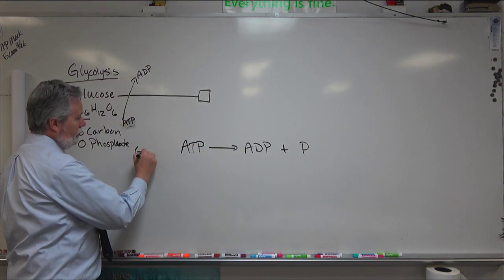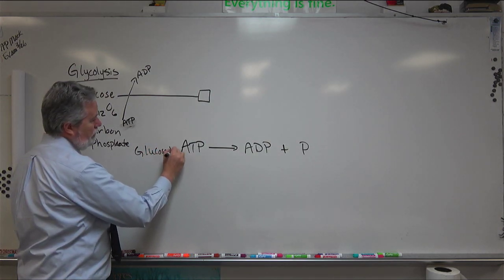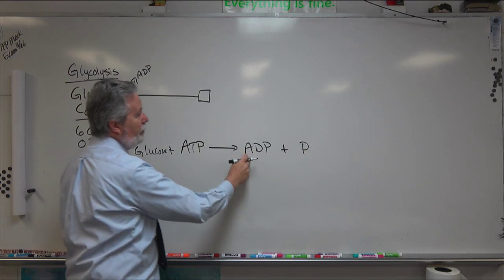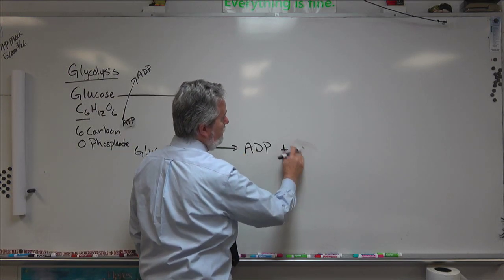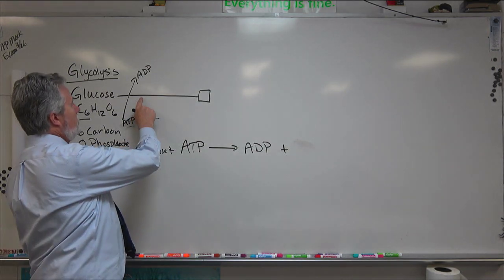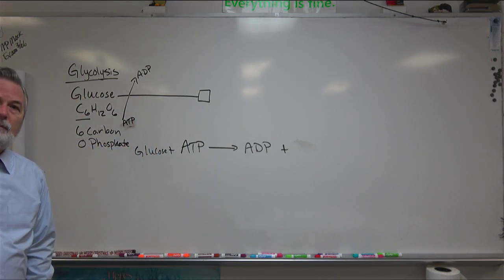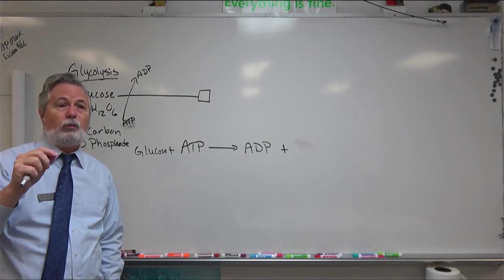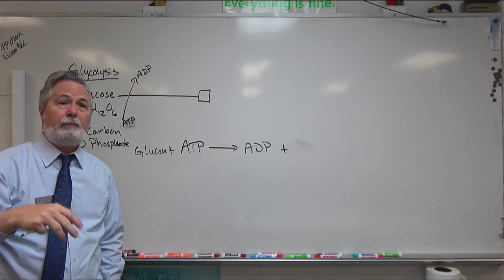What if I had glucose plus ATP, which is what's going on here? I get ADP, and then I would also get, what would I get? What's the next molecule? Glucose 6-phosphate. And the 6 on there means that 6 is what carbon the phosphate is on, not how many.